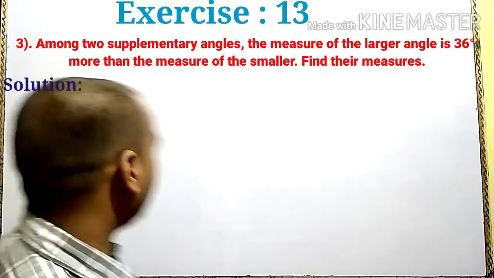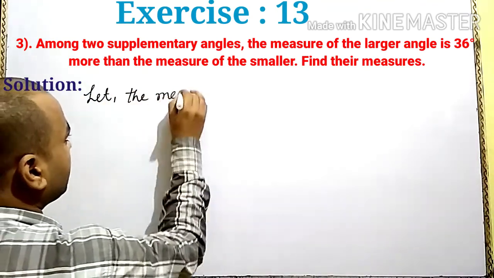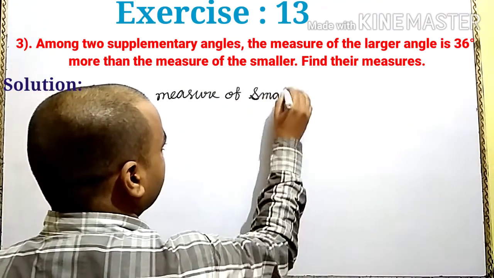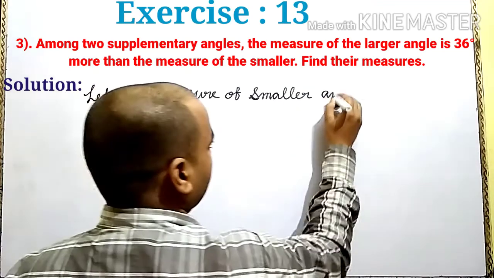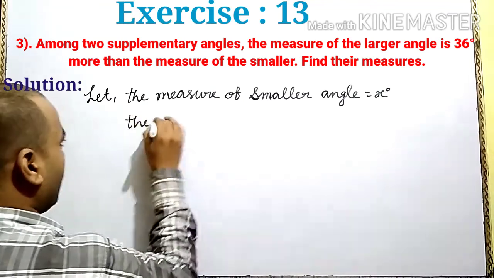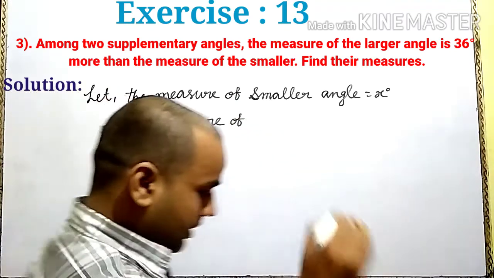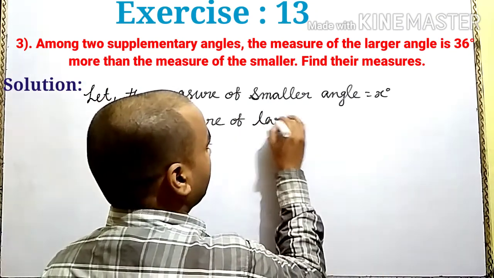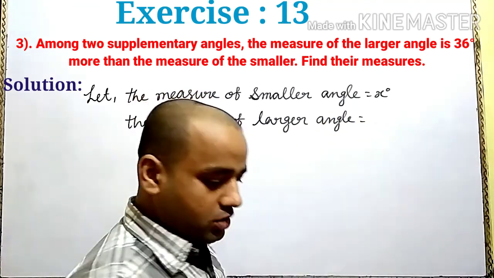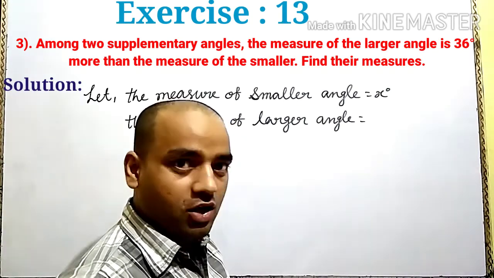So first of all, let the measure of the smaller angle be x degree. So the measure of the larger angle, according to the question, is 36 degree more than the measure of the smaller.